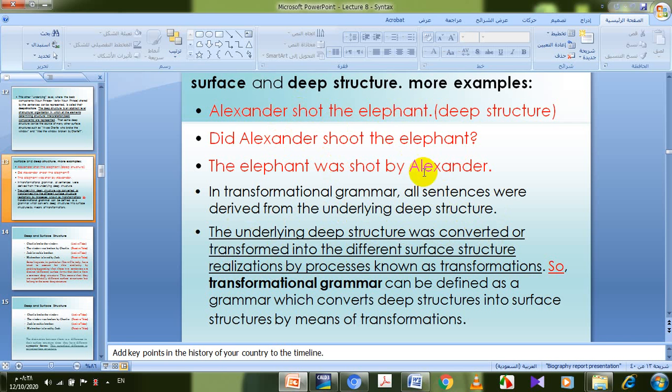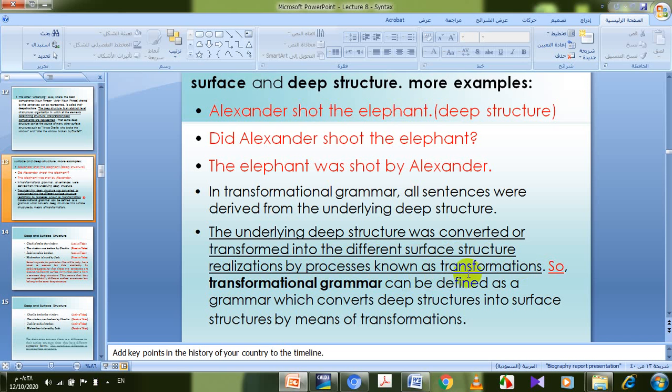The same idea is conveyed in all the sentences. So the underlying deep structure was transformed into the different surface structure realizations by the process known as transformation.